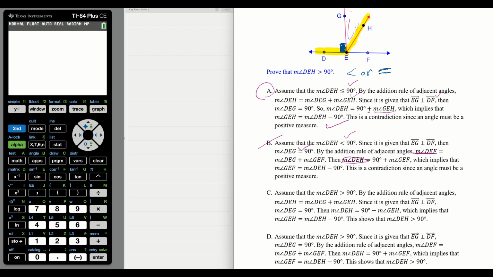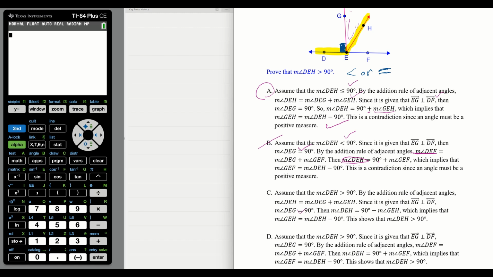Assume that the measure of DEH is greater, and then we have the addition rule, and we are saying the same thing, and we're saying that DEH is DEG plus GEH. So all that's true so far, and this is given, yes.